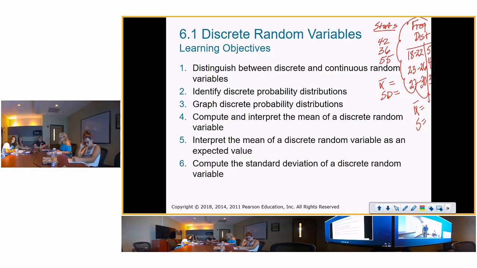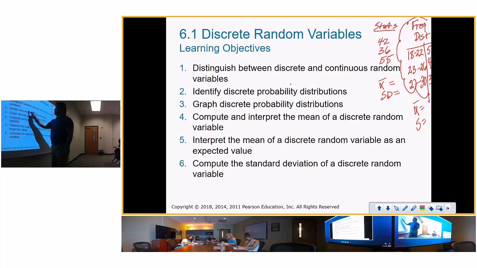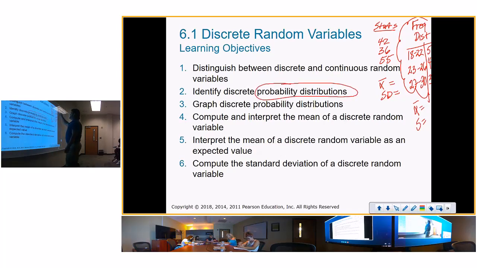So, not trying to confuse you, but when they talk about a probability distribution, they're talking about something that looks like this, only instead of a head count, you're going to have a probability. And that's the difference between a probability distribution and a frequency distribution.